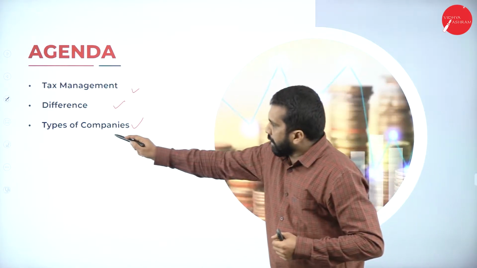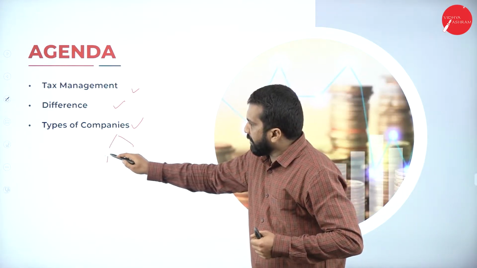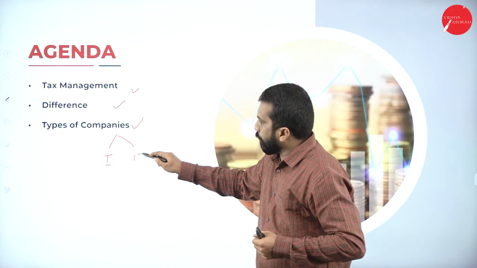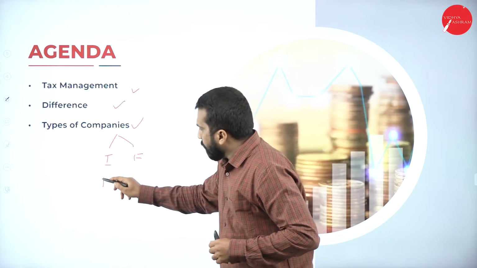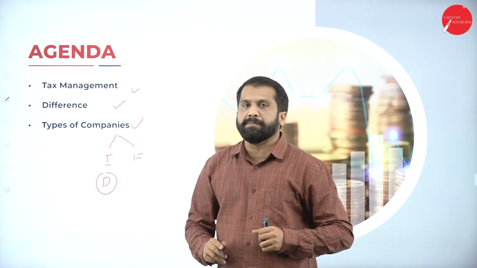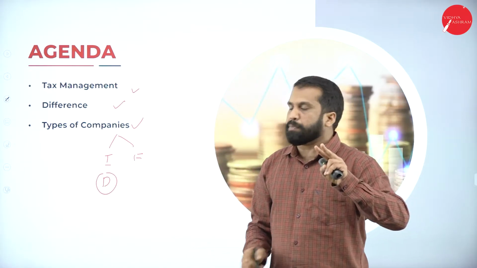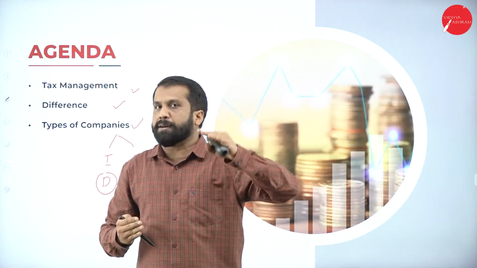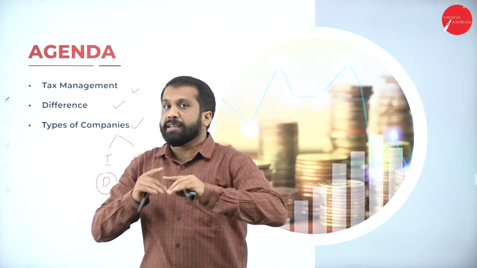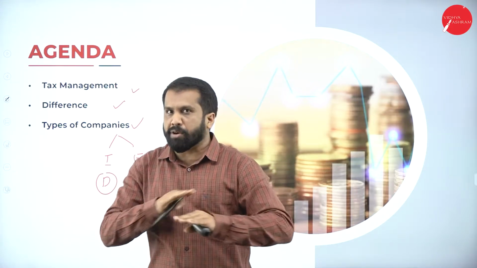In types of company, we have Indian as well as foreign company. Indian company we also call a domestic company. These are the 2 types you are supposed to learn. Don't go into company law, types of company, all kinds of company, statutory, all those things, not required.